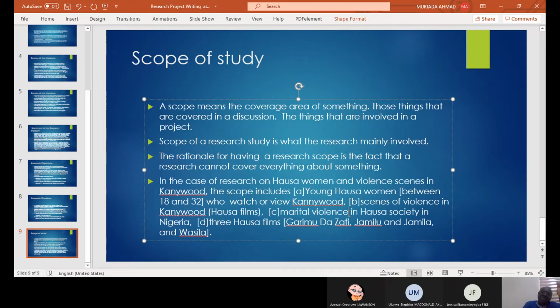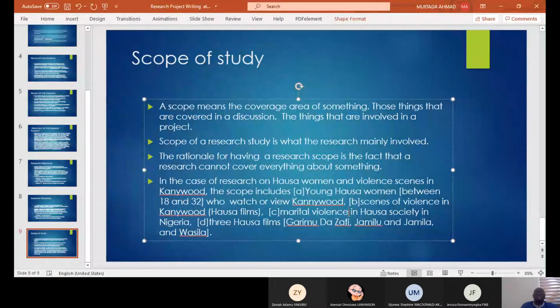Now, of course, it's not the same setting. It's totally different from the setting Murtada Ahmad and Dauda Kamal used in 2015 for their own research. So you can now see the scope of the research to an extent exposes the extent to which you are filling a gap in the research.